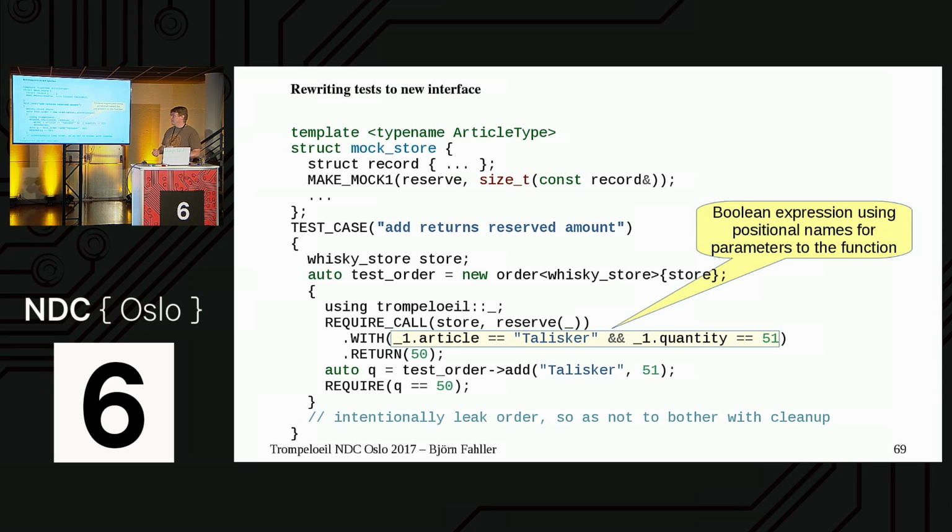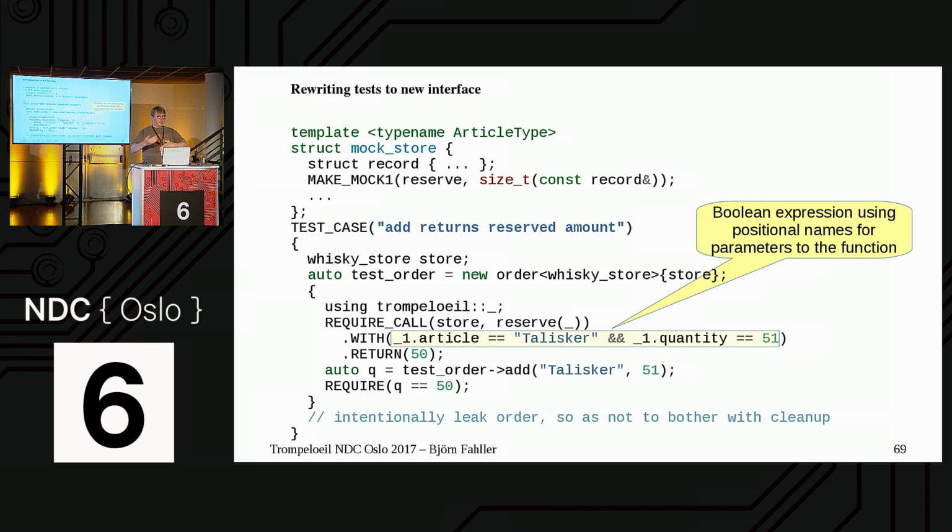One thing you see now is underscore one. In this expression, you refer to the parameters of the call by their positional name. So underscore one is the first parameter. Underscore two would be the second if this had two parameters. Now underscore two is a compilation error.